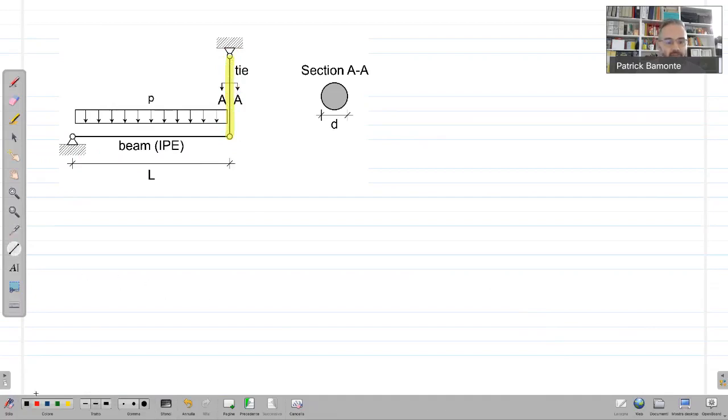We have the beam. So the beam is basically a horizontal member with a distributed load. Okay, so we'll reproduce it here at the bottom. Small arrows indicate the direction of the distributed load.